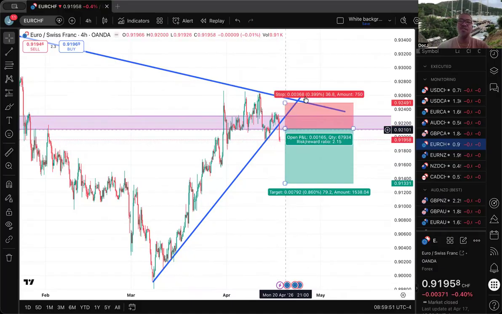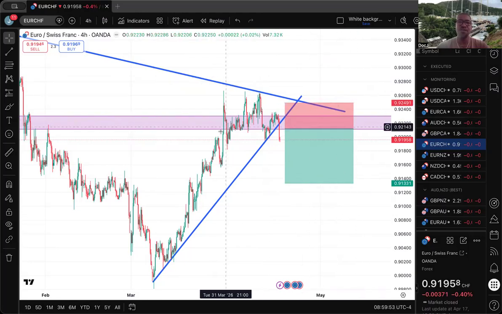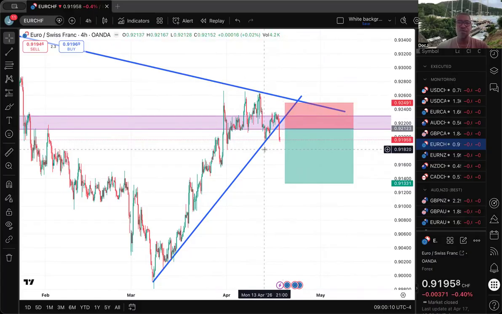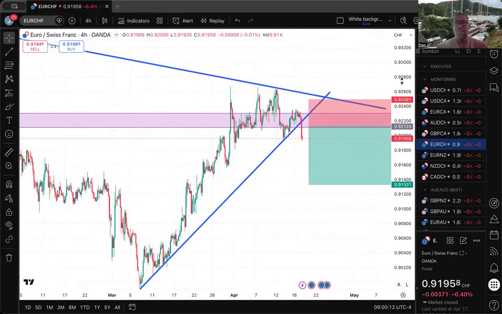If it's going to be a buy, then price has to do the opposite. It has to be above that trend line and above that area of interest, and it has to form a higher high and then confirm it by creating a higher low.